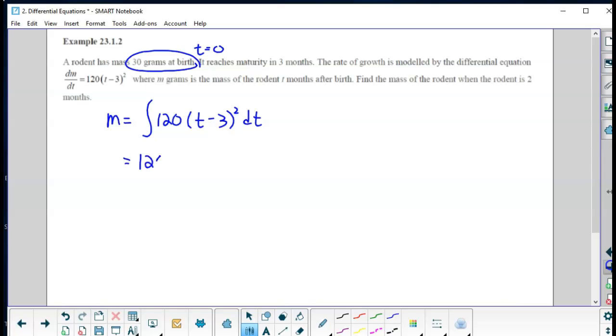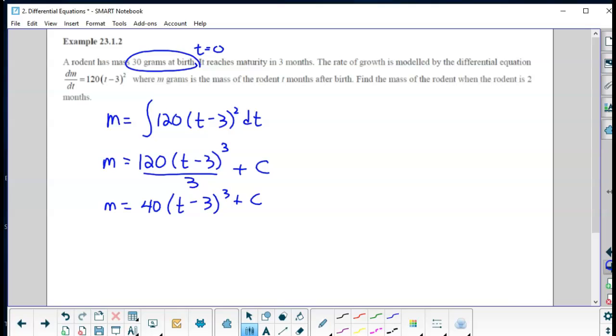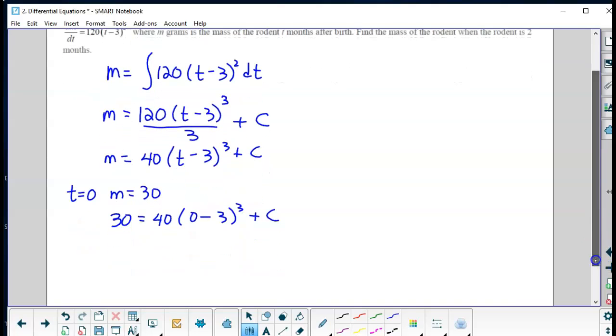So 120, that's going to be (t minus 3) cubed over 3 plus c, which is really 40(t minus 3) cubed plus c. And then we know, as I said, at t equals 0, the mass is 30. So now we can substitute 0 in, and solve for c.